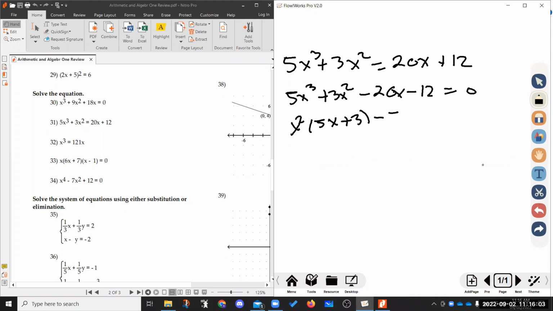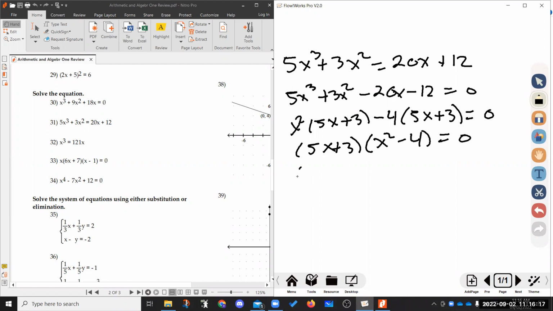Minus 4 times (5x + 3). This is (5x + 3) times (x² - 4) equal to 0. (5x + 3)(x + 2)(x - 2) = 0.